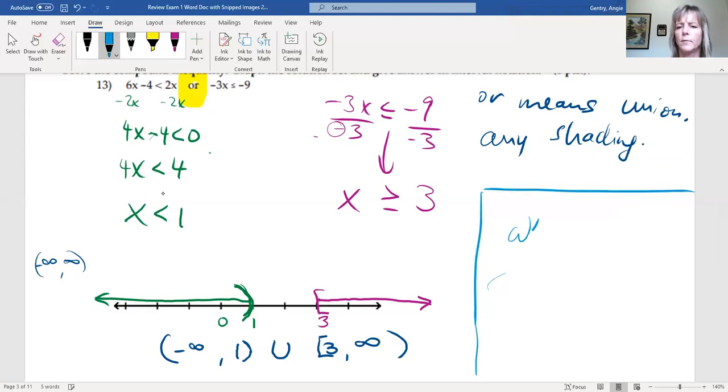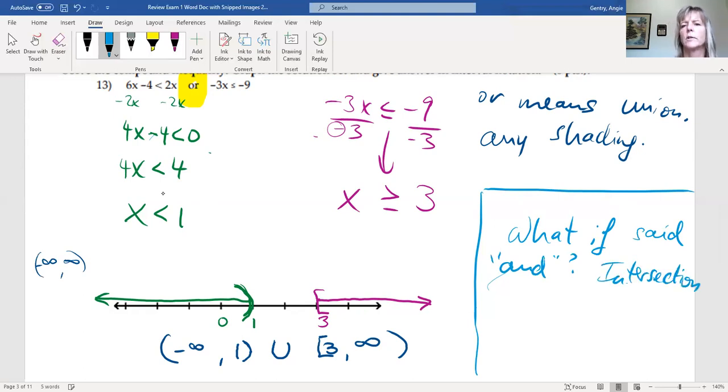But what if this said "and"? "And" is the intersection. You have to memorize that. So I usually say union, the "or" and "union" go together, "OU," and the other one is "AI," "and" and intersection go together.